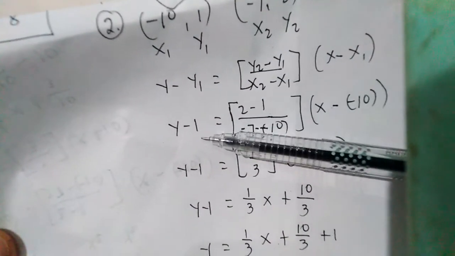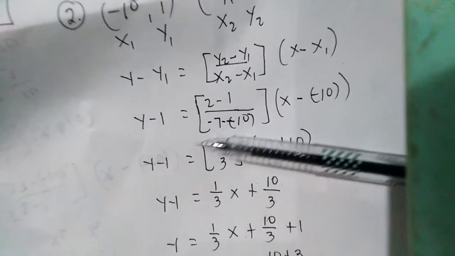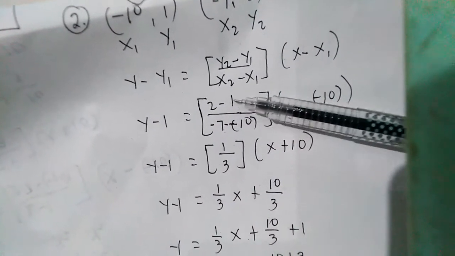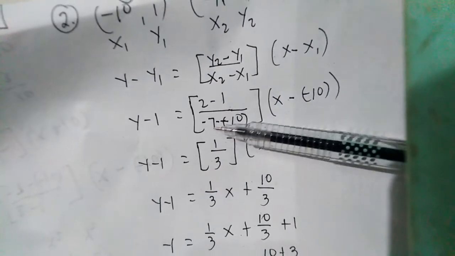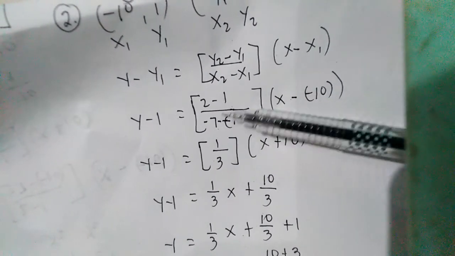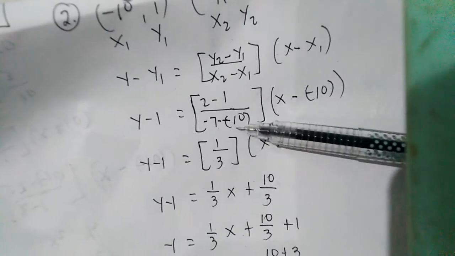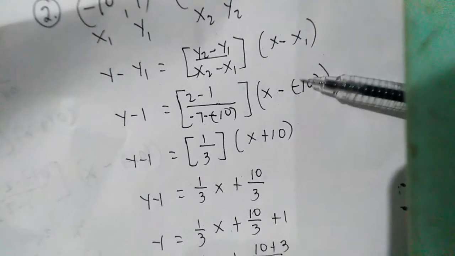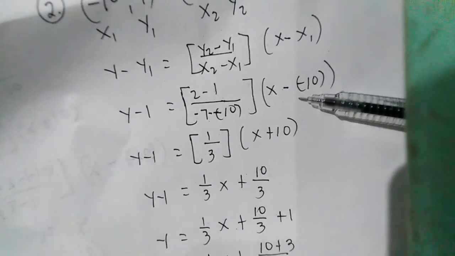So y minus the y sub 1, which is 1. So we have here 1 equals y sub 2 is 2, then minus the y sub 1 which is 1, divided by the x sub 2 which is negative 7 minus x sub 1 which is negative 10, times x minus x sub 1, where x sub 1 is negative 10.